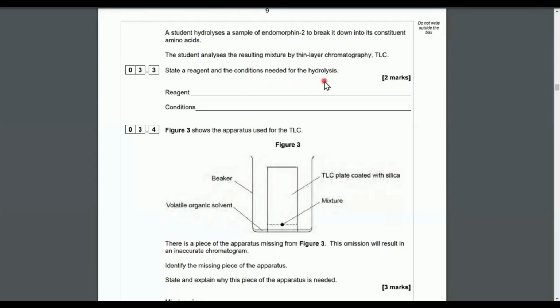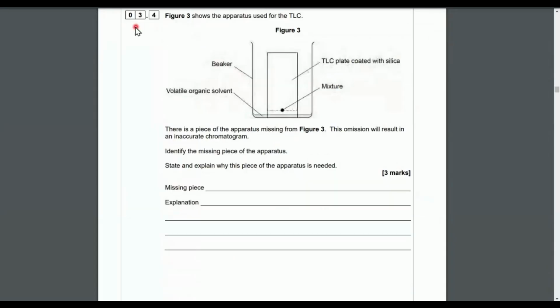If you're a biologist, you can say to use some form of protease, the enzyme that will hydrolyze those peptide bonds. But as a chemist, we're just going to go with hydrochloric acid and we need to warm it or heat it. So we're going to need to heat with hydrochloric acid.